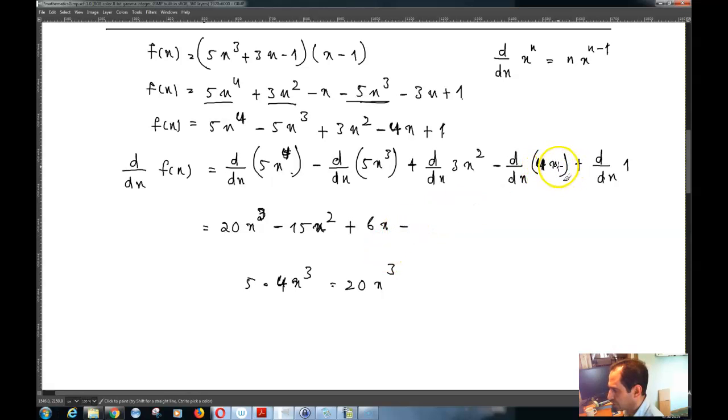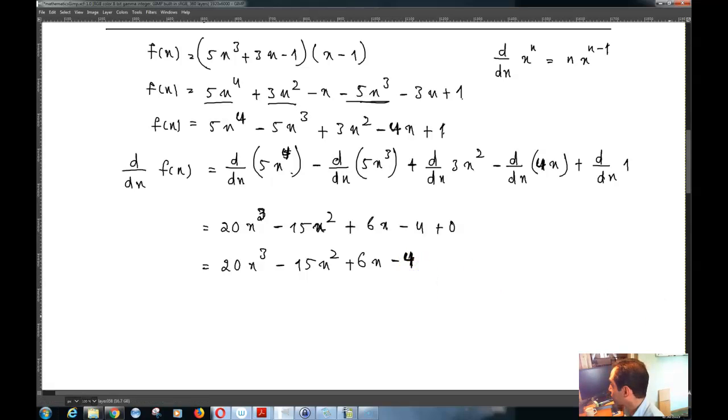And 4x would be just 4, because that would be 4 times x raised to the power 0, plus 0. So this is equal to 20x cubed minus 15 times x squared plus 6x minus 4, and that is the derivative of your function. No, I'm sorry, the second one, question 9 part number 2: 20x cubed minus 15x squared plus 6x minus 4.